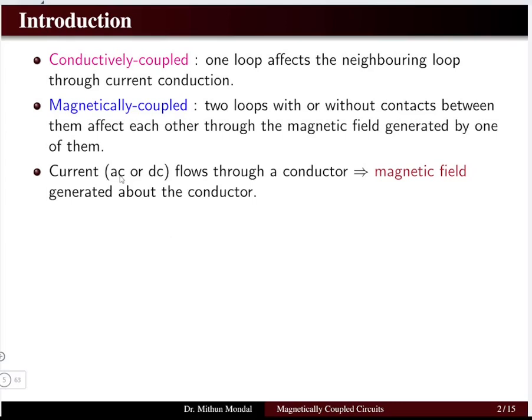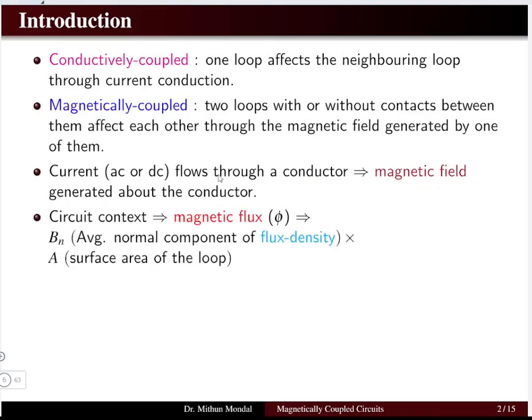We know that for the AC or the DC current which is flowing through a conductor, there will be some magnetic field generated about the conductor. Now, in the circuit context, we say that the magnetic flux, which is represented by phi, is equal to the average normal component of the flux density given by Bn multiplied by the surface area of the loop given by A. Sometimes we use the term magnetic field, sometimes magnetic flux.